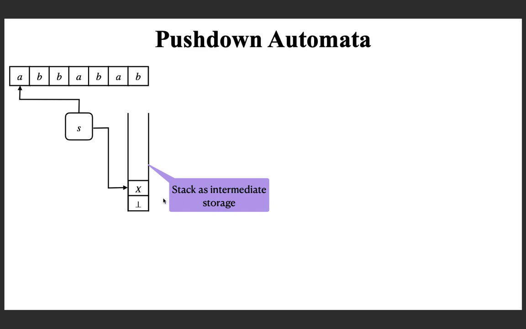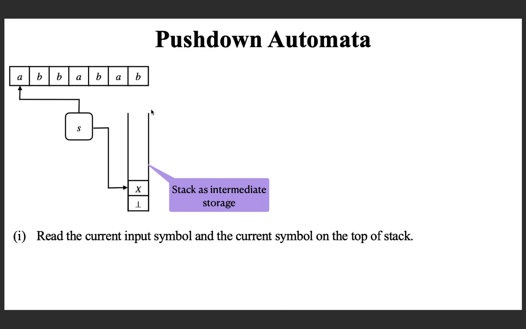It is a last in, first out data structure. So, compared to a finite state automaton, here the automaton has memory of infinite capacity. The stack is not bounded, theoretically.